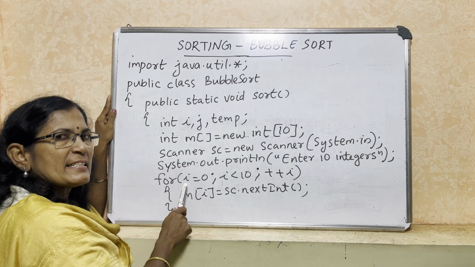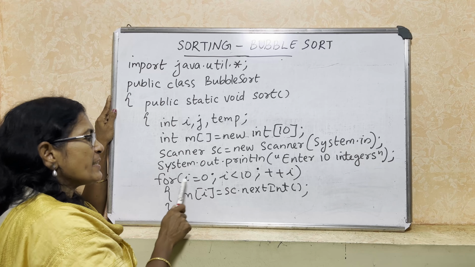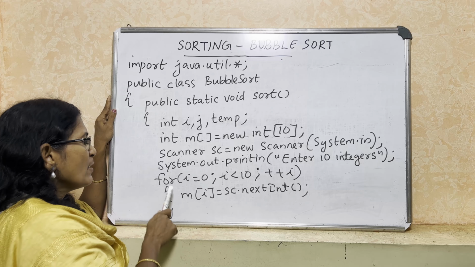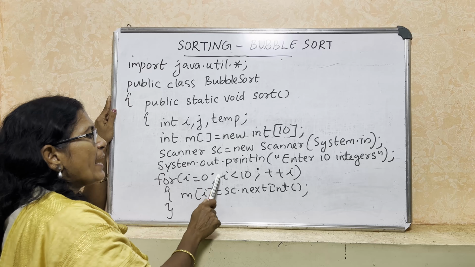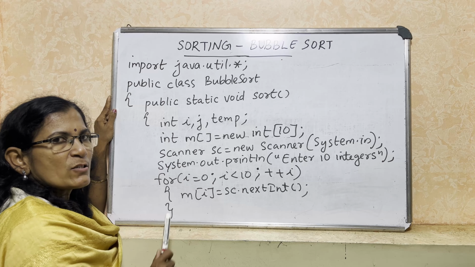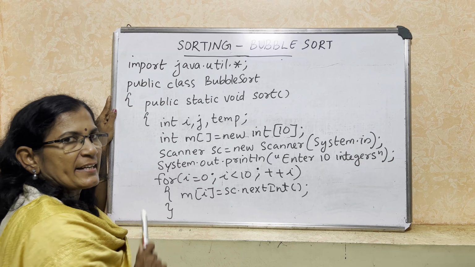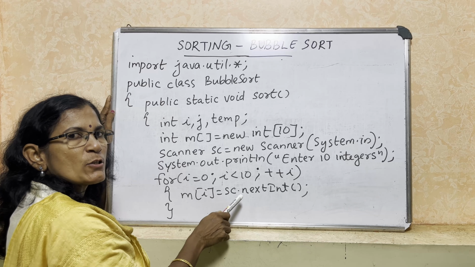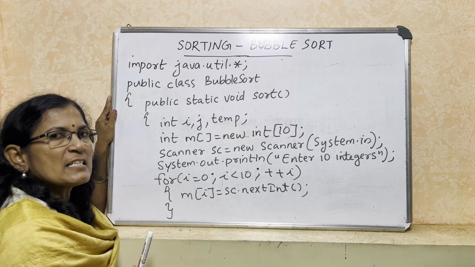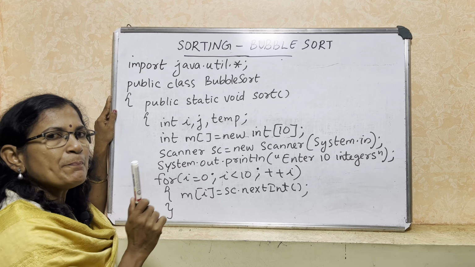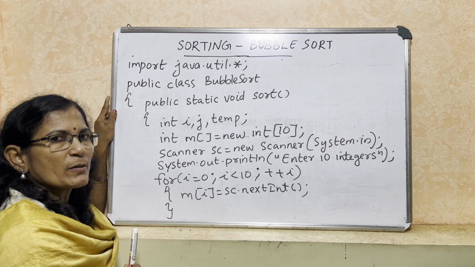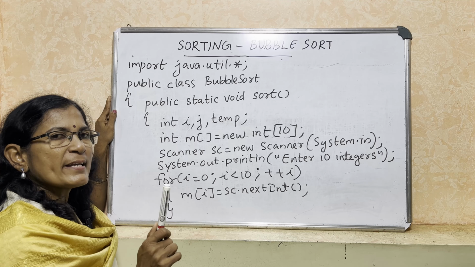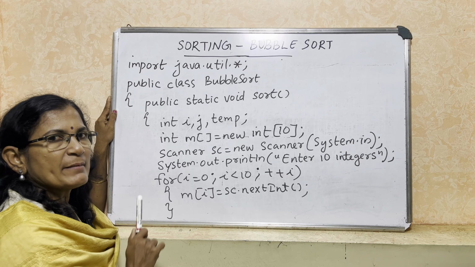So the loop is set in such a way to iterate through all the index numbers of the array. i takes the value till 9, i plus plus. m of i is equal to the scanner object's nextInt method, used to input the value from the keyboard. When the loop completes its iteration, 10 values will be stored into the array named m.